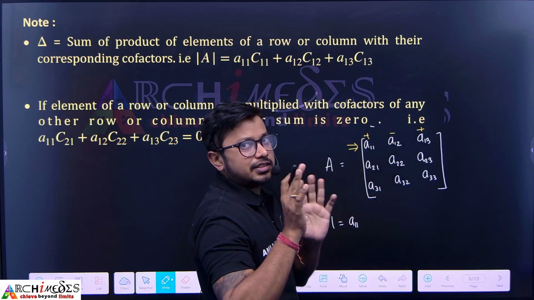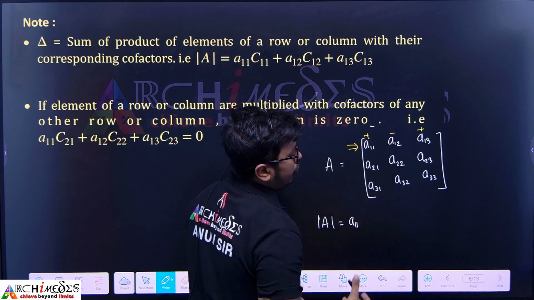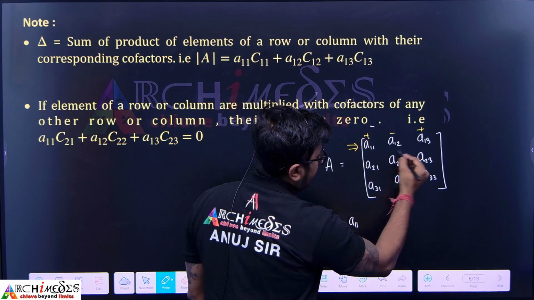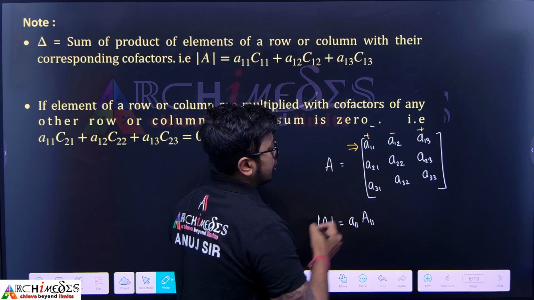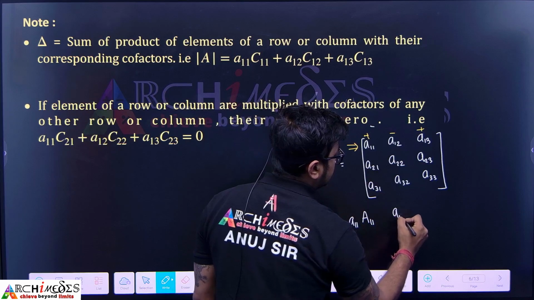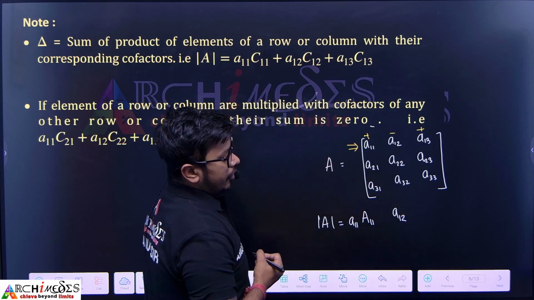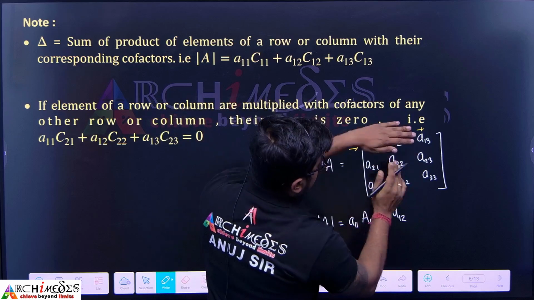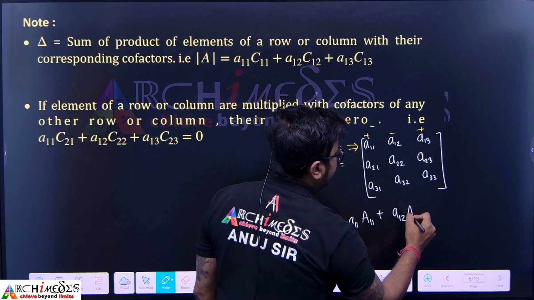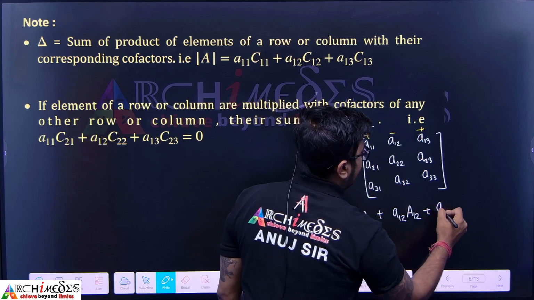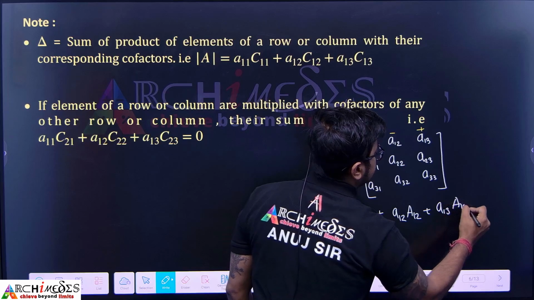Yes or no? Actually it is the minor, but with the proper sign it is the cofactor. So hiding this means you are writing the cofactor of A11. Again look, when I write A12, you will again hide this one. So hiding this means you are writing the cofactor. So again here, plus A12 times its cofactor, plus A13 times its cofactor. So this is actually the determinant.